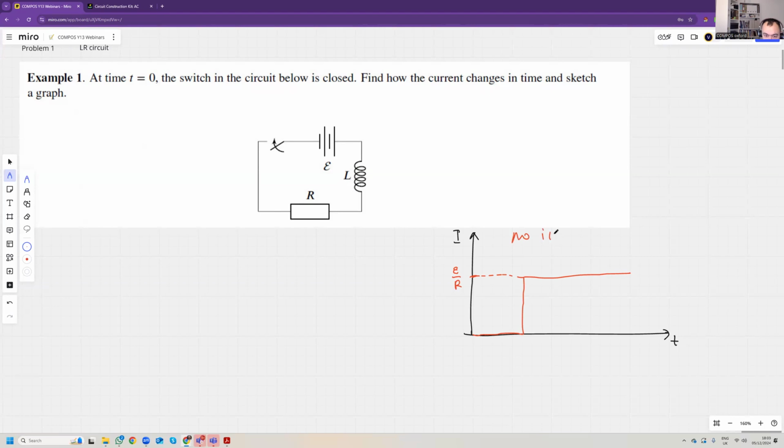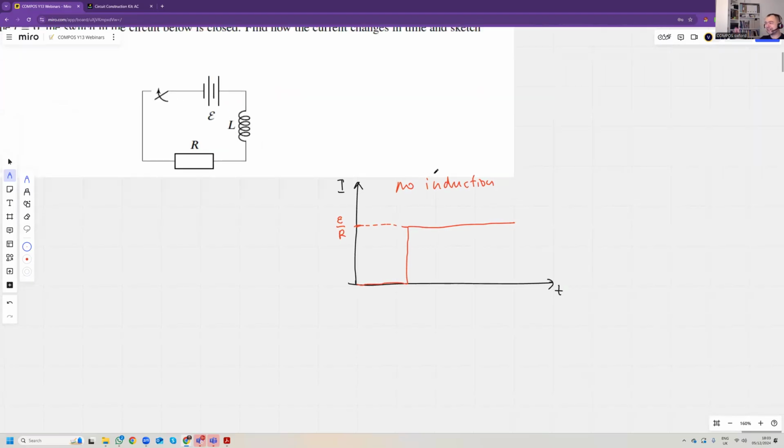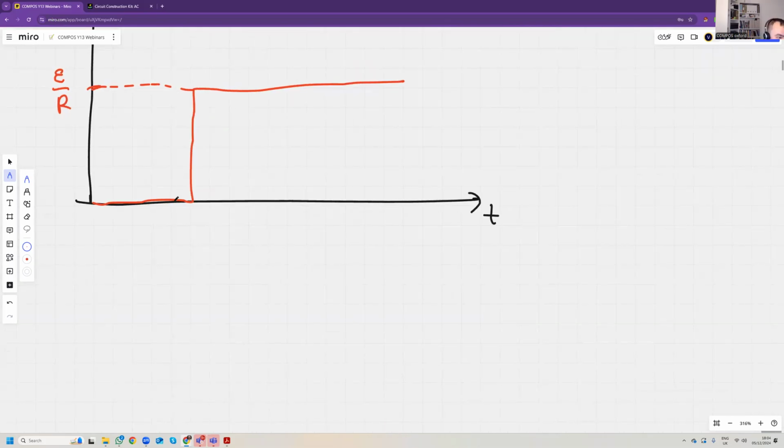So no induction. But honestly, this never happens. You never have steps like that in real life. That's not possible. You can always have a smooth curve. It could be very steep, but if you zoom in, it should be smooth. It should be something like this, and then a steep gradient. But in an ideal scenario, it is a step.